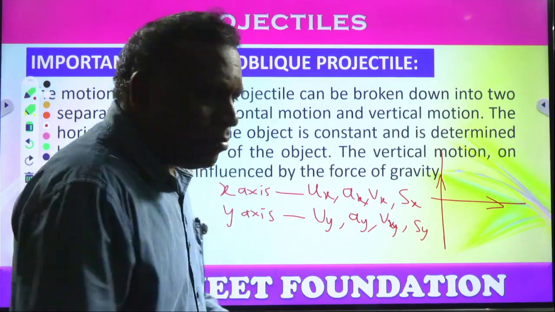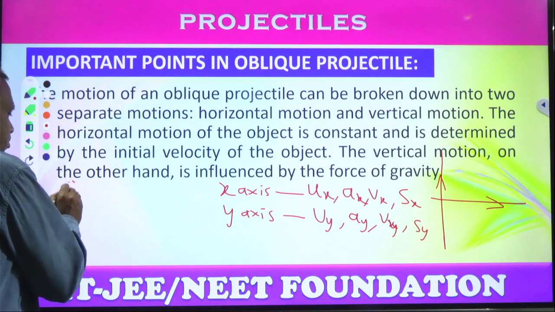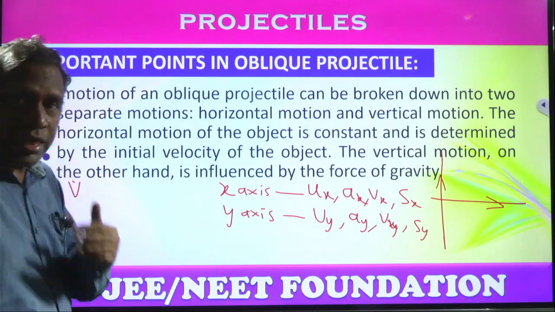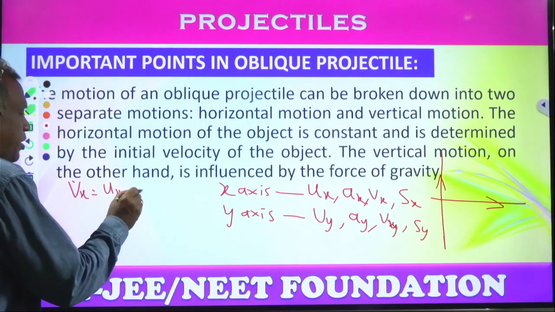Using the equations of kinematics, v equals u plus at, it can be written as vx equals ux plus ax into t.